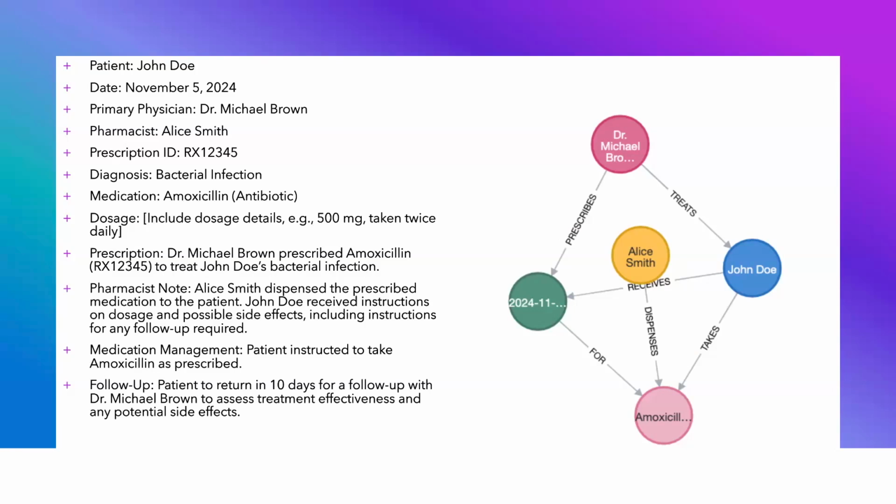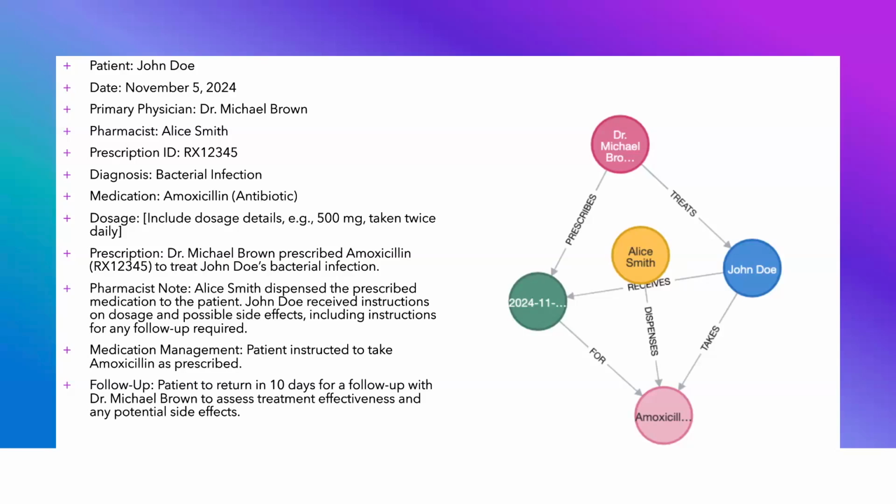Like, for instance, this is the date. The date is very important in medicine, because we need to be able to track when a patient received treatment, how long, when did you last take a prescription, should you take a new prescription. So now, instead of having this long thing, we can have this, and it's going to be very easy.